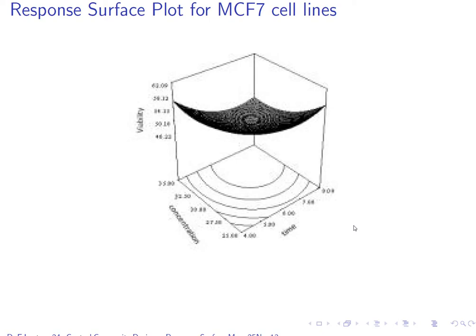Right? Here's the response surface plot for the MCF7 cell line. So this is the factor time of light exposure, factor concentration of the photosensitizer. Right? You see constant curves, constant values of the response.